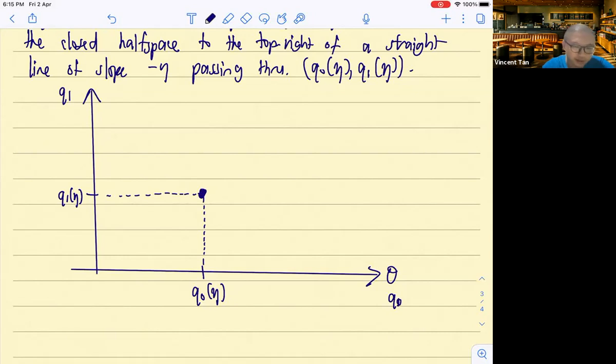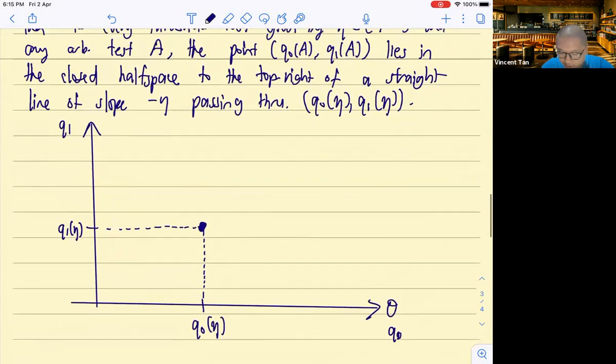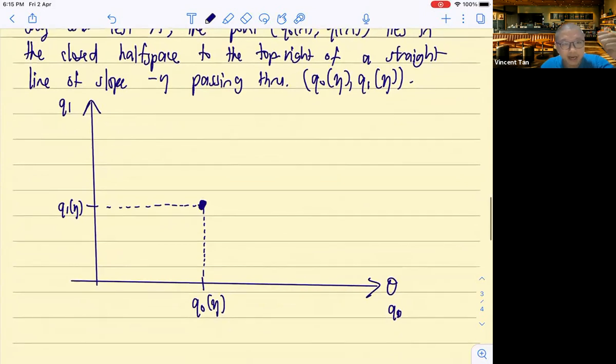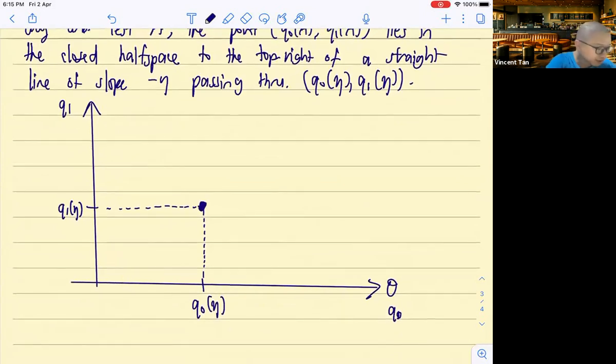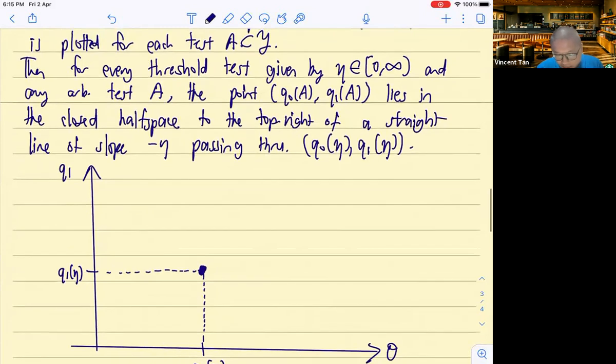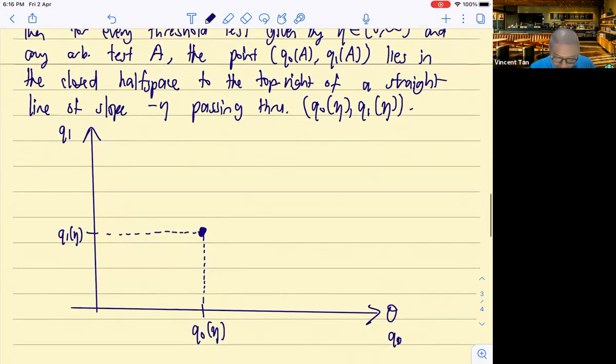I can achieve this for the threshold test with threshold given by eta. I can achieve these two false alarm and misdetection error probabilities. This is what I can achieve. And what this theorem is saying is that now I am going to look at a line of slope minus eta passing through this performance point. That is my line.